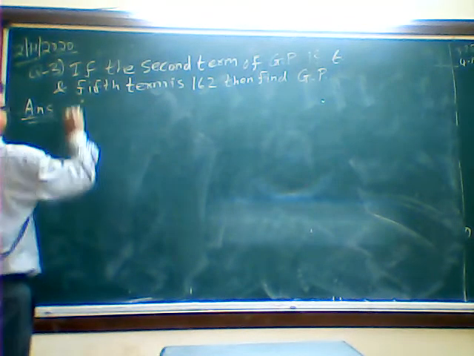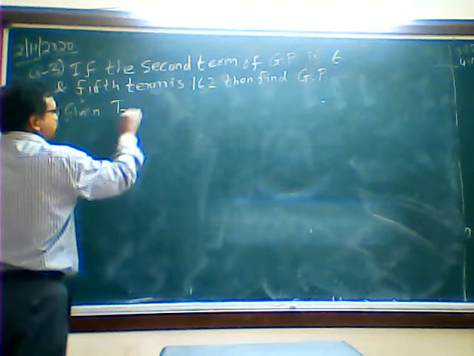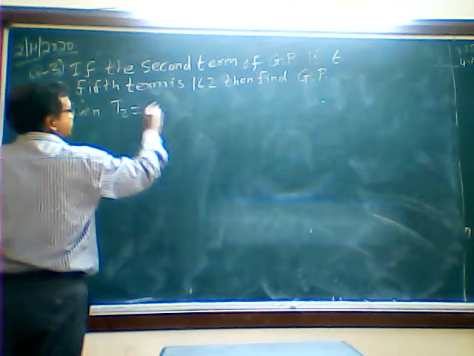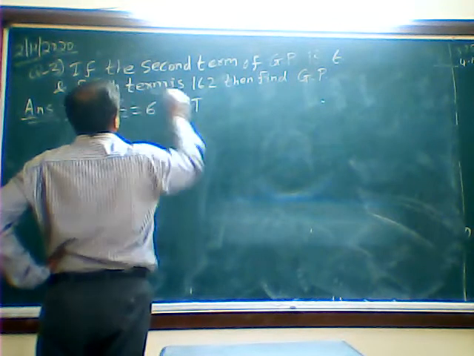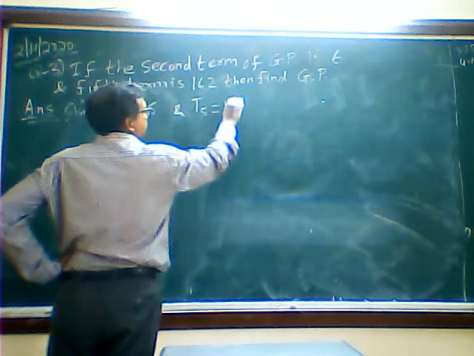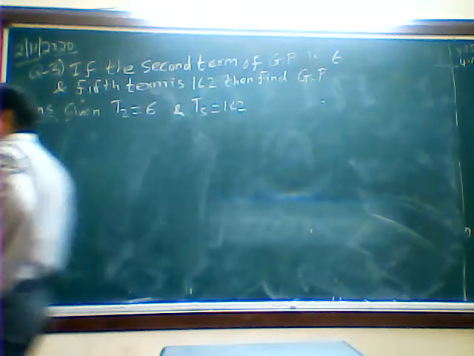Answer: what is given? The second term T2 is 6 and the fifth term is 162. Then you want the GP.